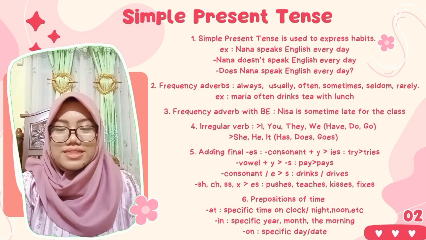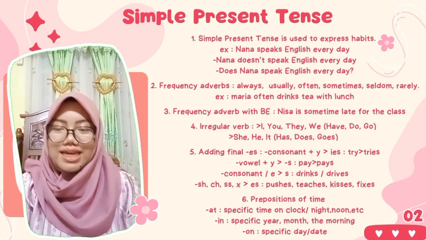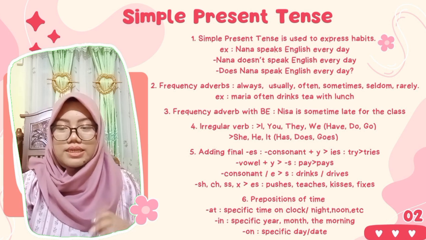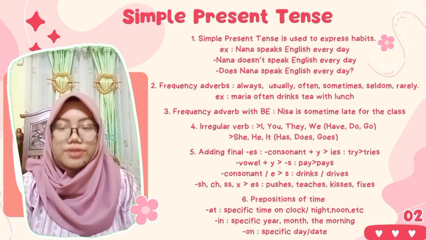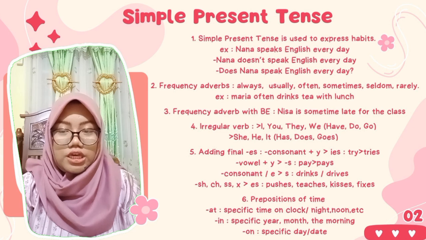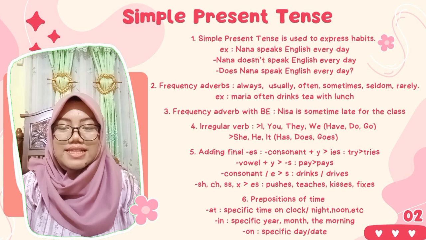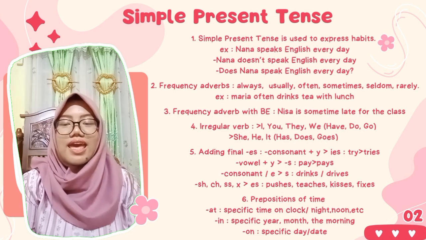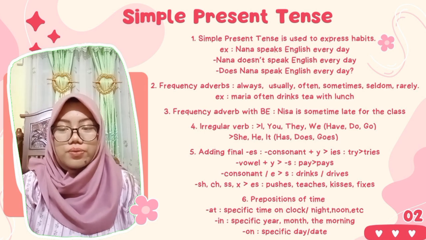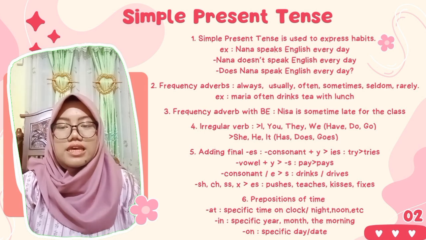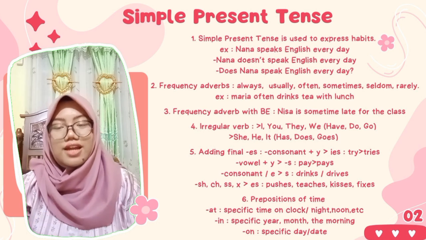And the frequency adverb with be. Nisa is sometimes late for the class. So to be plus frequency adverb. And then this is about regular verbs. Like I, you, they, we use have, do, go. But she, he, it use has, does, goes. And then we can add a final es if the end of the word is consonant plus y, like try becomes tries.